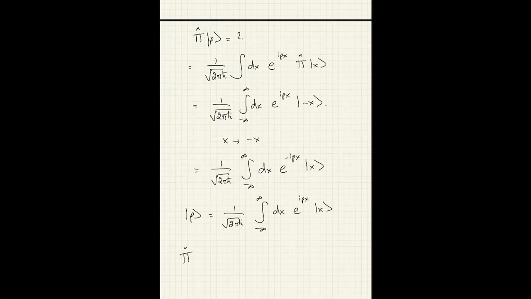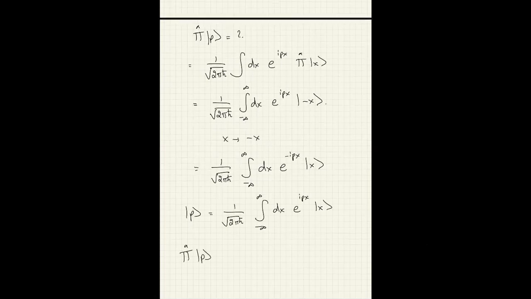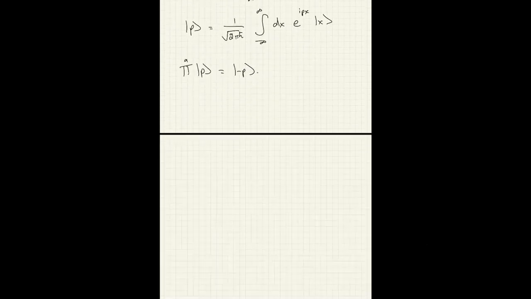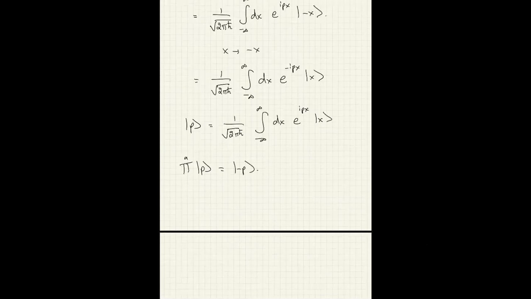So pi acting on the state p is simply going to give me the state minus p by my definition. Now it's easy to understand if the p operator is even or odd. So let's act pi p acting on p. Now p acting on p is simply going to give me the corresponding eigenvalue. So this is the eigenvalue p with pi acting on p, and this is simply p minus p.